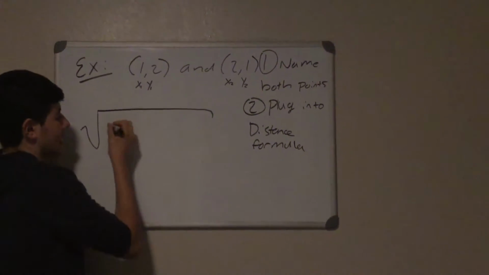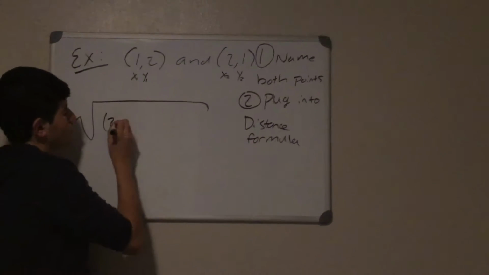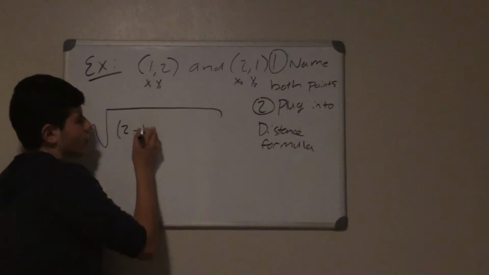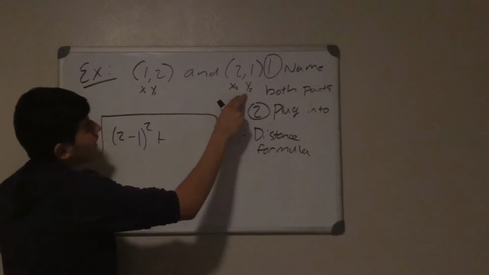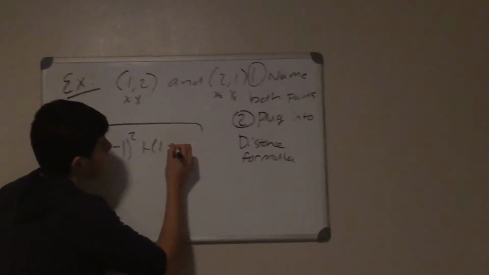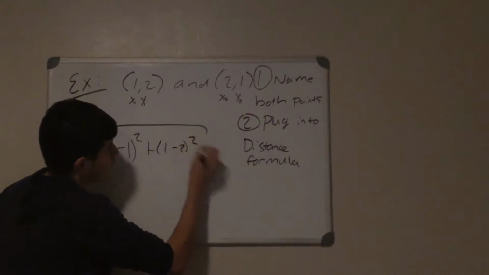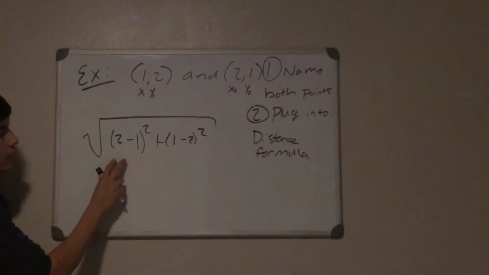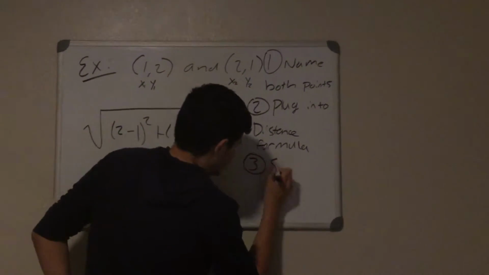So we take x2, which is 2, x1, which is, we're subtracting it of course, minus 1, squared plus y2, 1, minus y1, 2, squared. Okay, now what we do, step number 3, is solve all the way through.